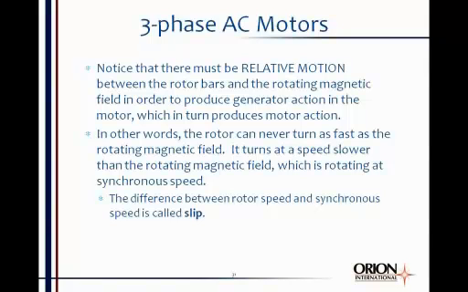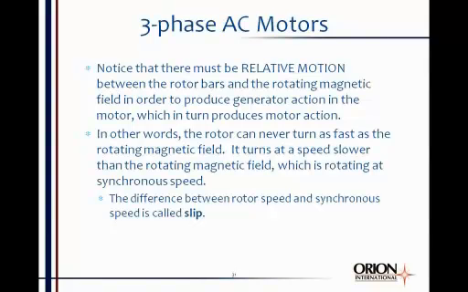Now, there has to be relative motion between the rotor bars and the rotating magnetic field in order to produce generator action. If there's not relative motion between the rotor bars and the rotating magnetic field, if they're turning at exactly the same speed, you're not going to produce generator action, which means you're not going to produce motor action. What this means is the rotor can never turn as fast as the rotating magnetic field.